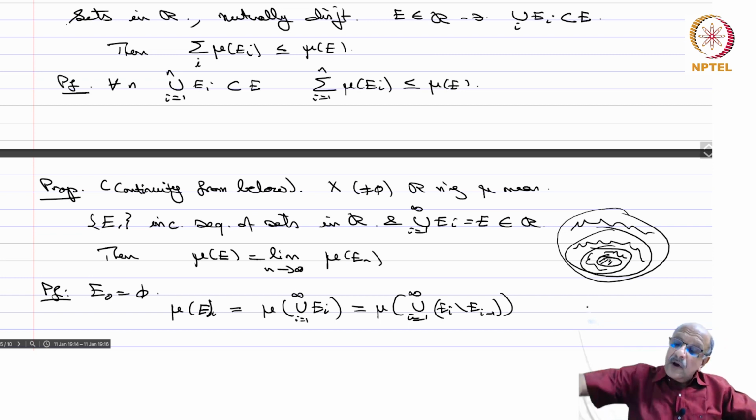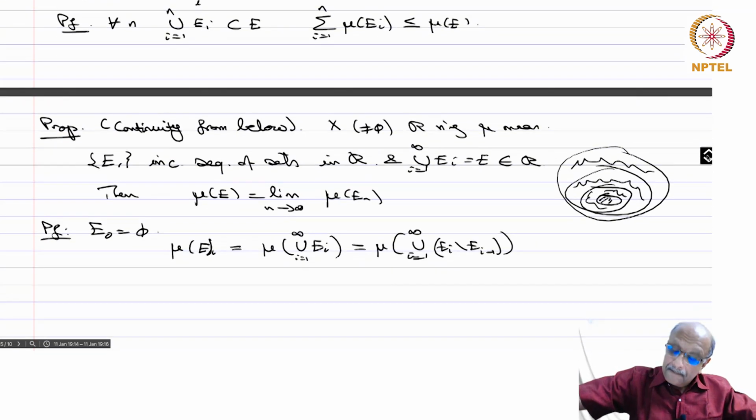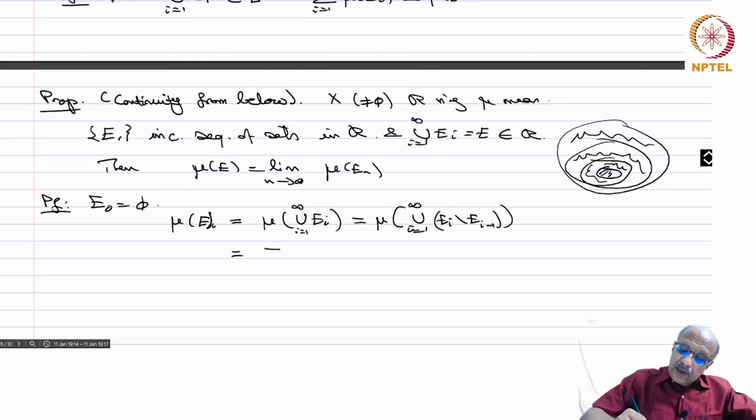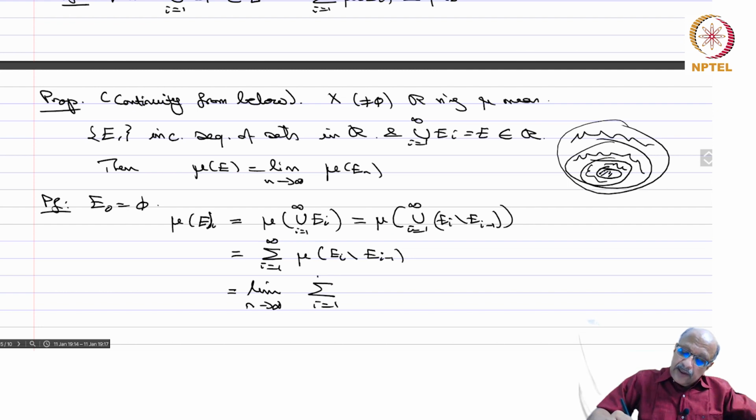And since these are all disjoint, this is equal to sigma of mu of E_i minus E_(i-1). But that is equal to limit as n tends to infinity sigma i equals 1 to n mu of E_i minus E_(i-1).